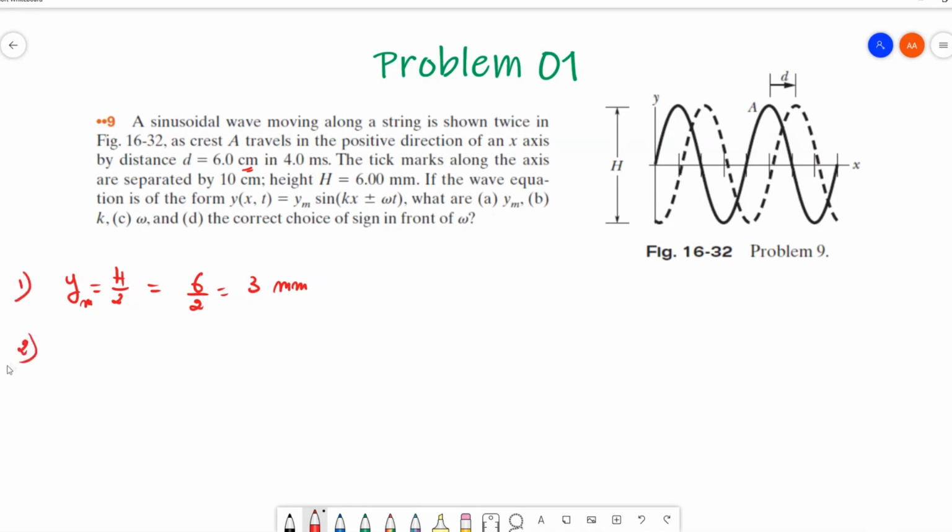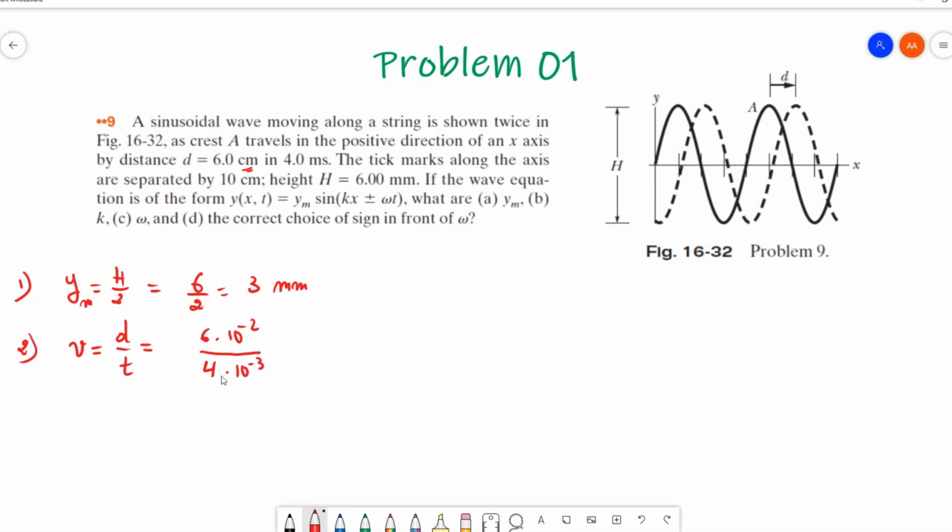The second answer, we need to get the velocity or the speed of the wave. So v is equal to, since the wave is traveling a distance d in a time t, just d over t, the distance over the time. This is 6 centimeter. I need to work in the international units, over 4 milliseconds.